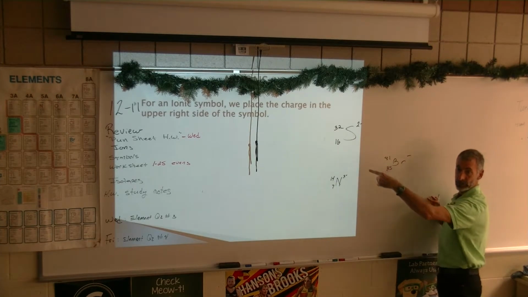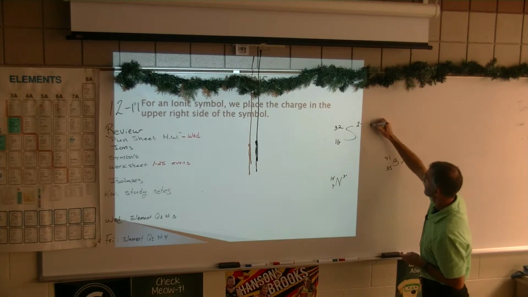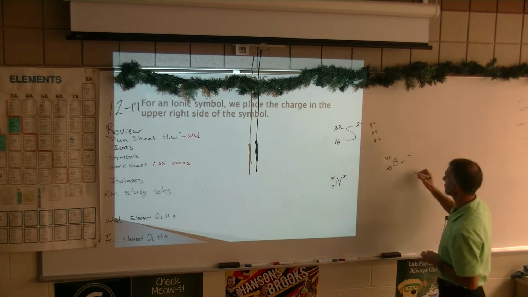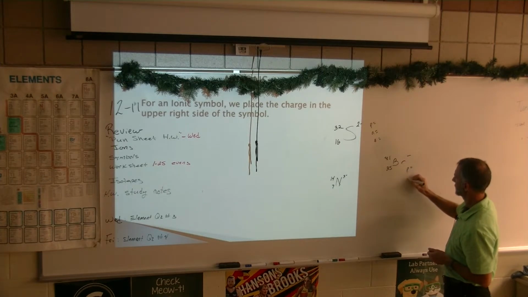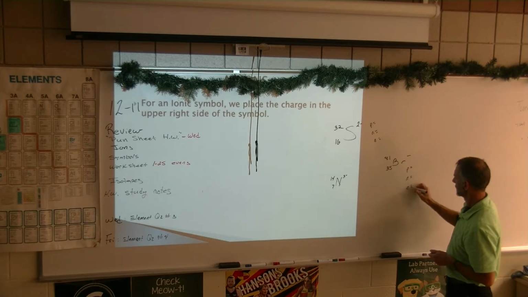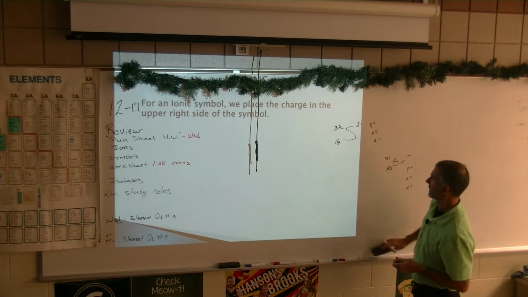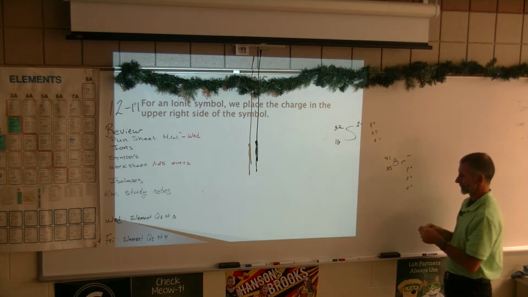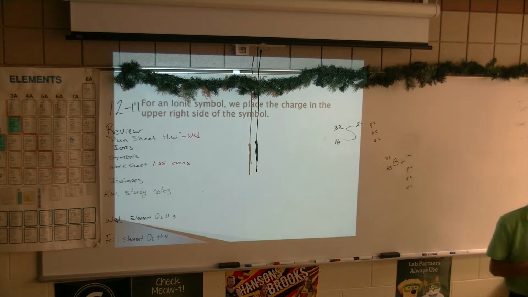Okay, so same thing that we did before. I want to know how many protons, how many neutrons, how many electrons for each one. All right, I'll give you a couple seconds to do that mental math.